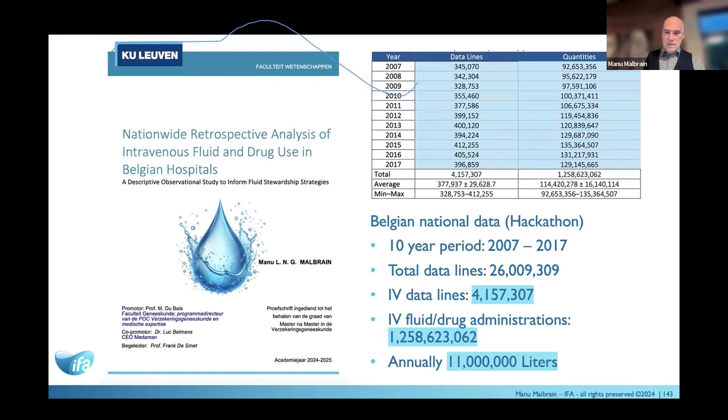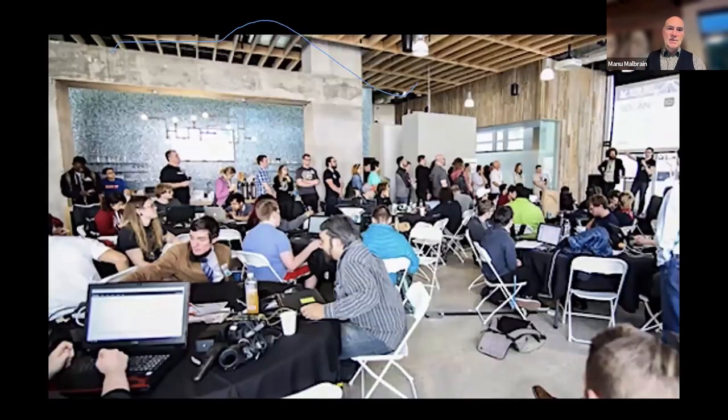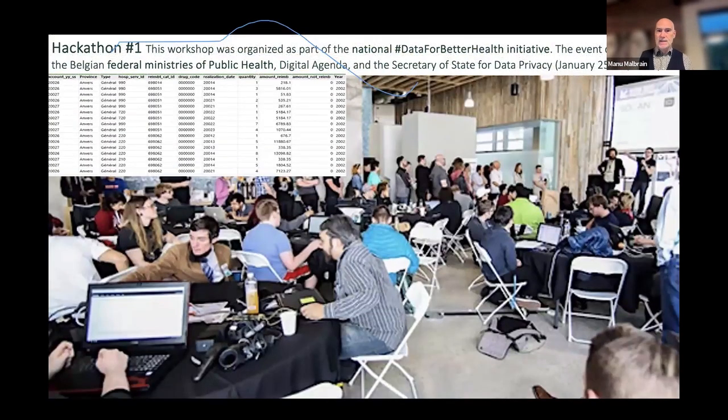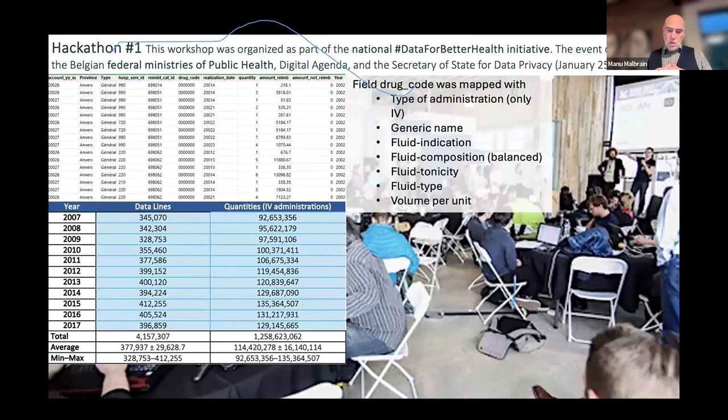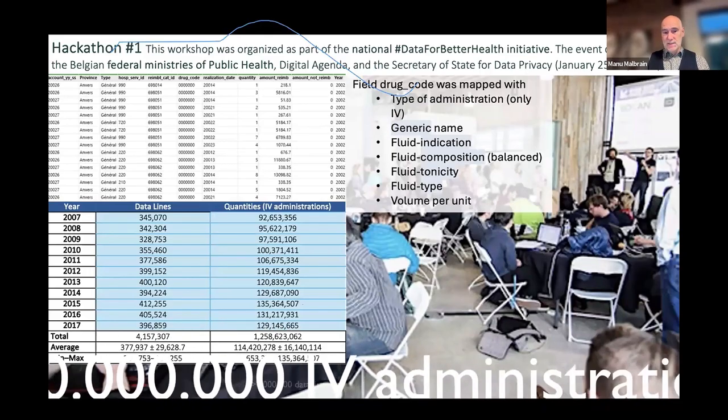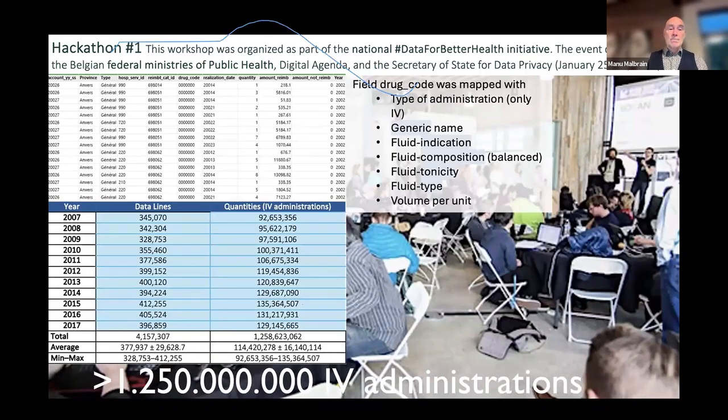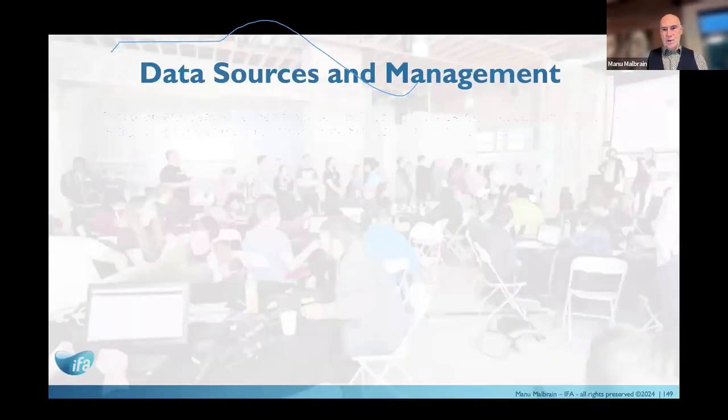We had about 4 million data lines, and on average, patients receive 11 million liters of fluids in Belgium. Data came from a hackathon, and we were able to connect to these data the type of fluids, the amount of fluids, the volume per patient, as well as per bed occupying day. So we had over 4 million data lines, and we had 1,250 million of individual IV fluid or drug administrations.